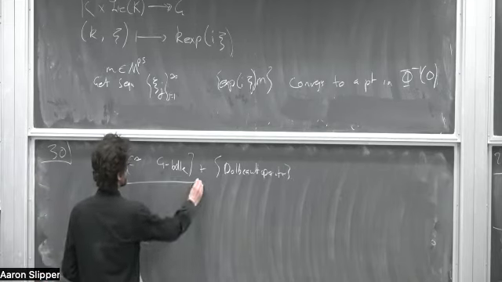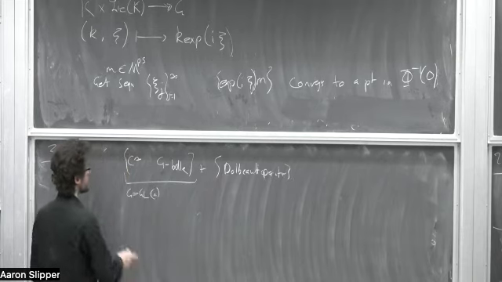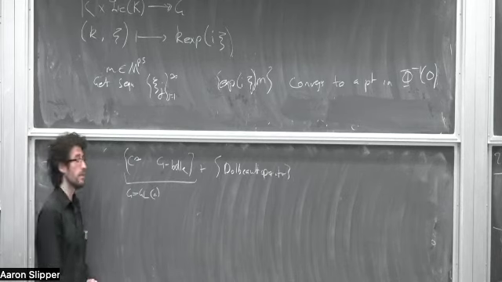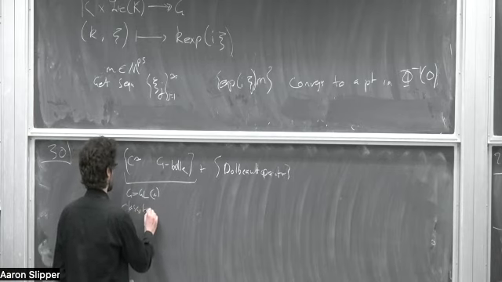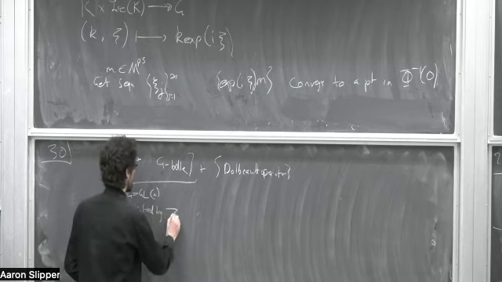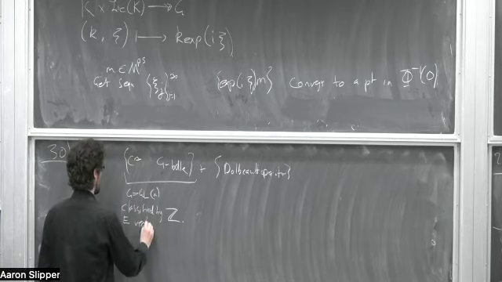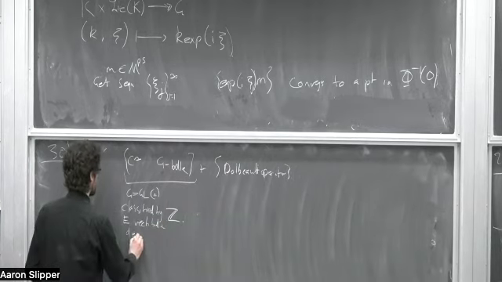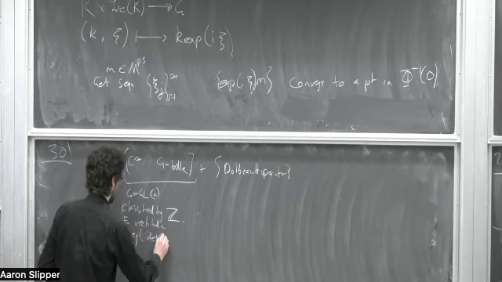So in the case of G equals GL_n, the C infinity GL_n bundles are simply classified by degree. If E is a vector bundle, you can take the degree of the determinant.